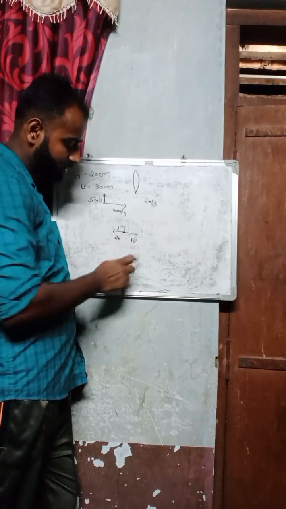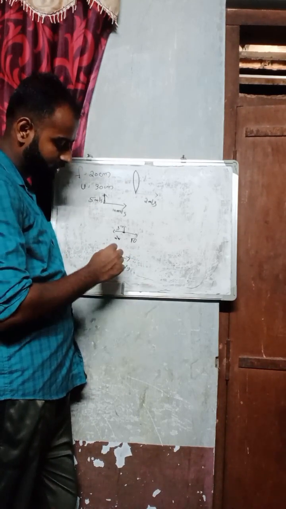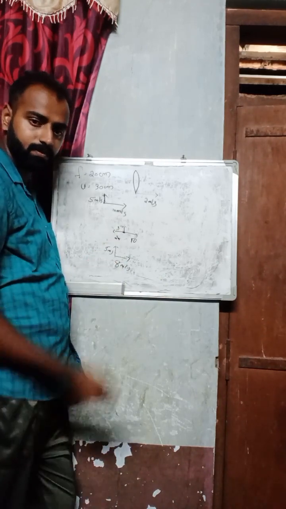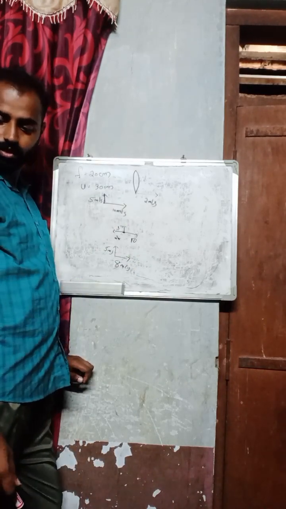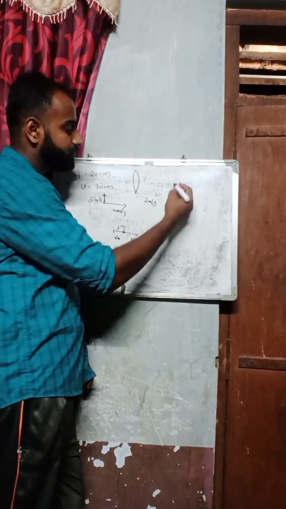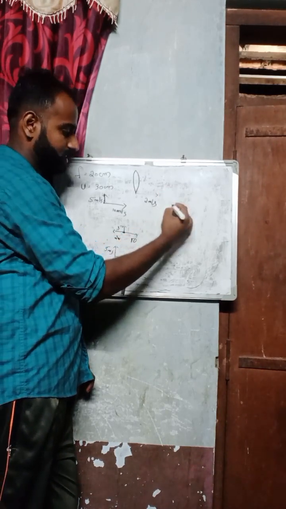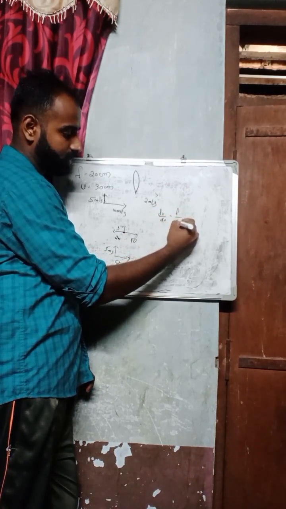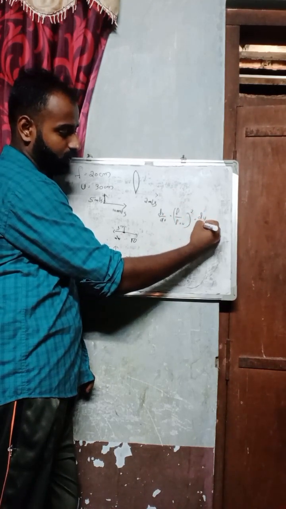So the resultant velocity is 8 meter per second in this direction, and obviously 5 meter per second in the y direction. Then I am going to find the image velocity using this equation: dv by dt equals f by (f plus u) the whole square, into du by dt.